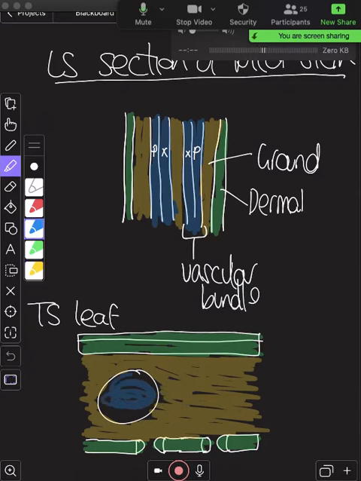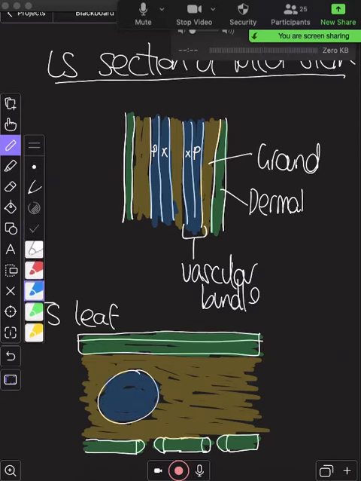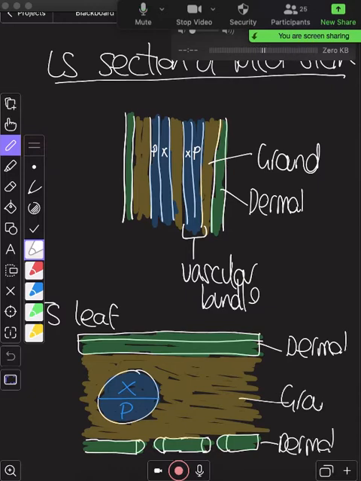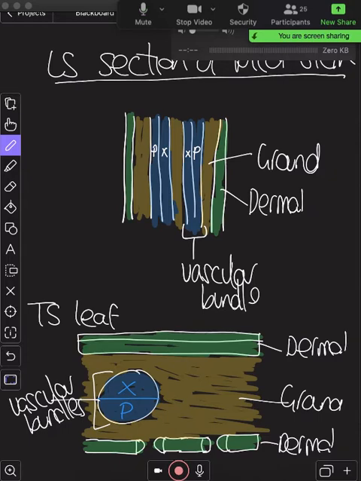Blue is going to be here, and if you want to label it, so this would divide in 2, and this is your X and this is your P. So this is our dermal tissue in green, dermal here, yellow is our ground, this is our vascular bundle, and the X is the xylem and the P is the phloem. And that is the end of our lesson.